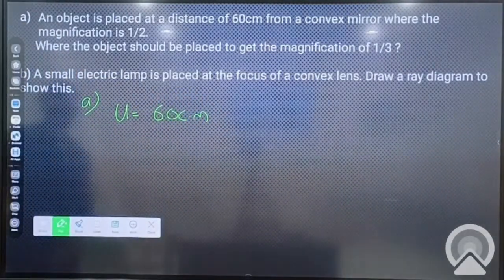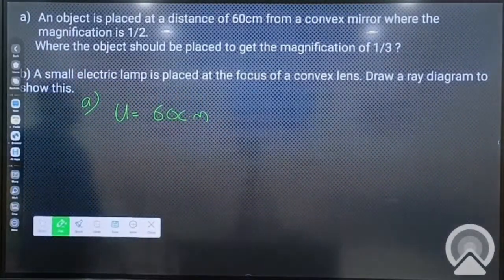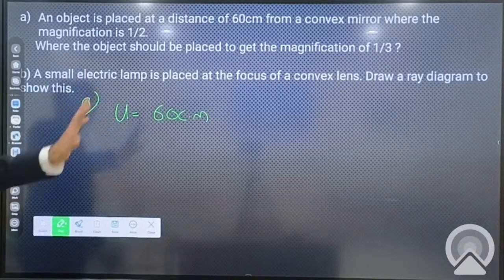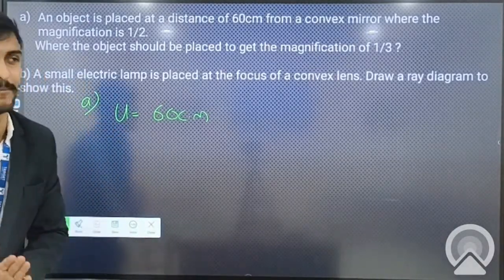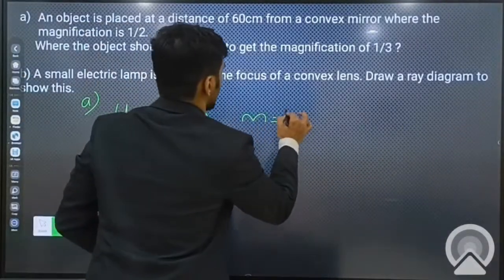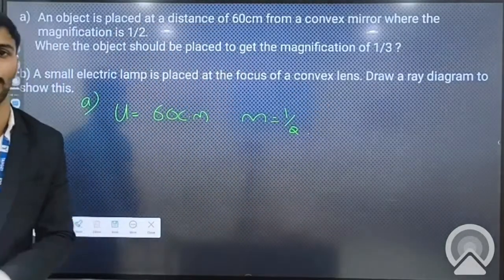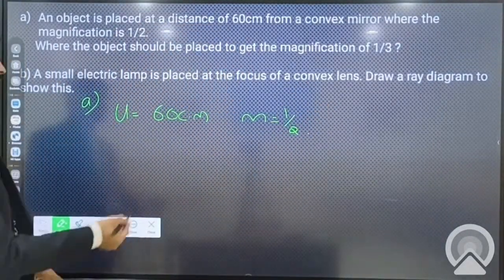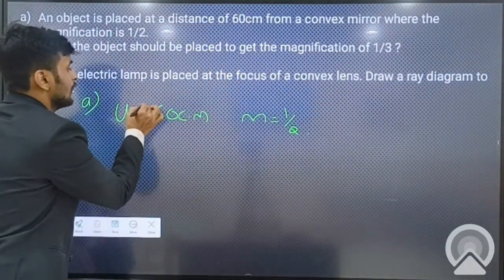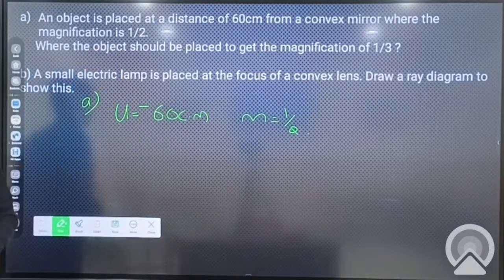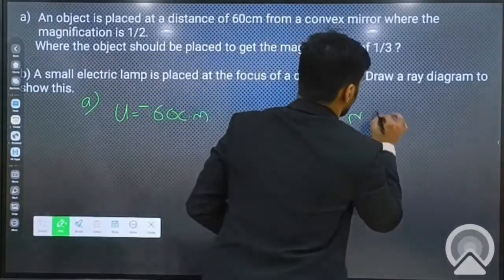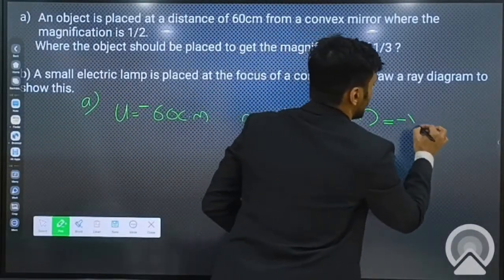If the object is placed at 60 centimeter, the magnification is 1 by 2, or 0.5. From this, we know u will be negative for both concave and convex. We know the equation of magnification for mirrors, m equals minus v by u.